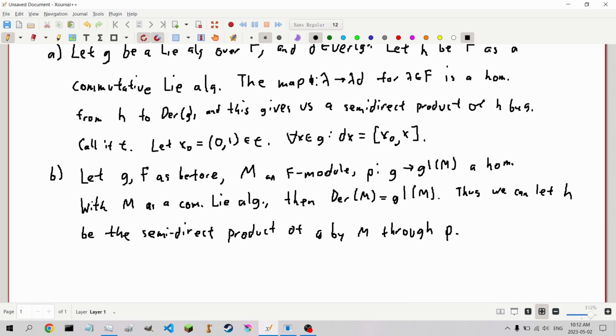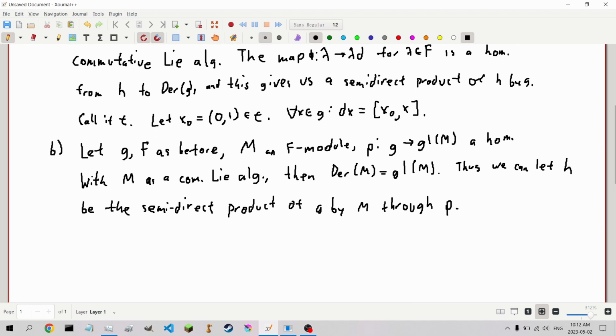Alright, so now to be more particular with this, going to let G be equal to GL(M), and thus this map rho is just going to be mapping from GL(M) to itself. And so there's a very obvious map to pick for that.